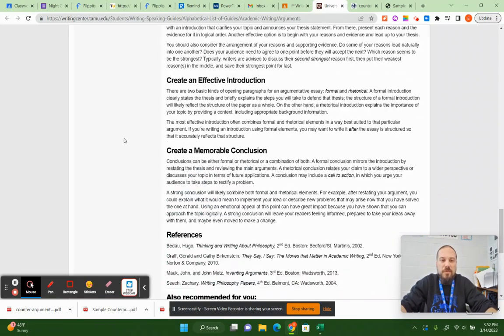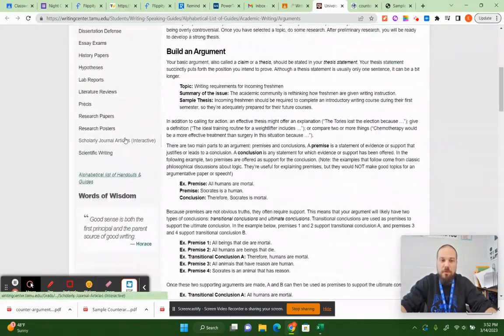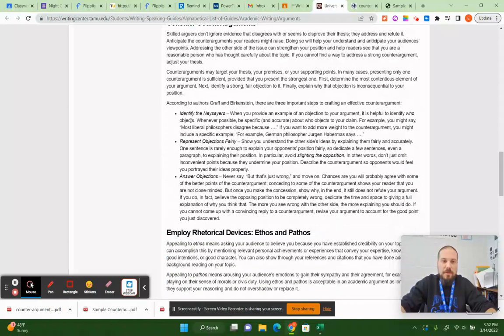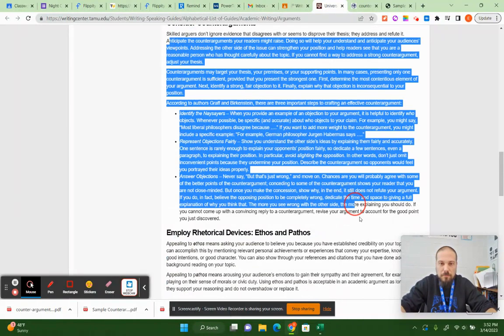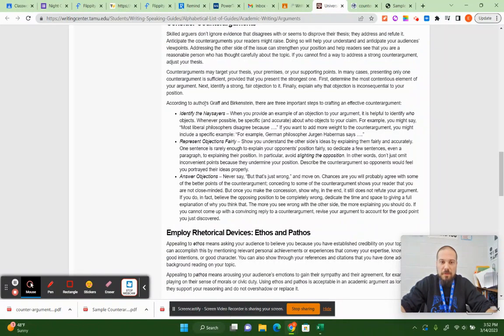It gives you some helpful tips. It does mention the counter argument a little bit and boils it down into three points: identify the naysayers, represent objections, and answer objections.